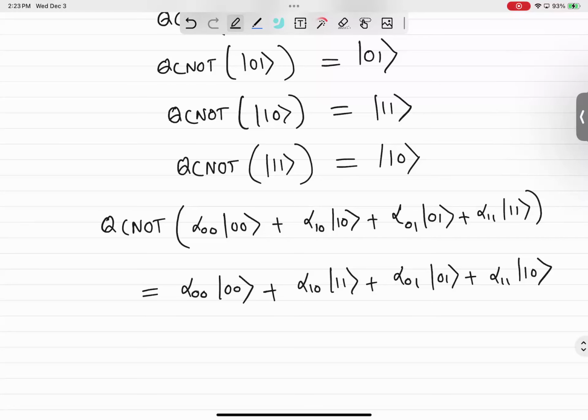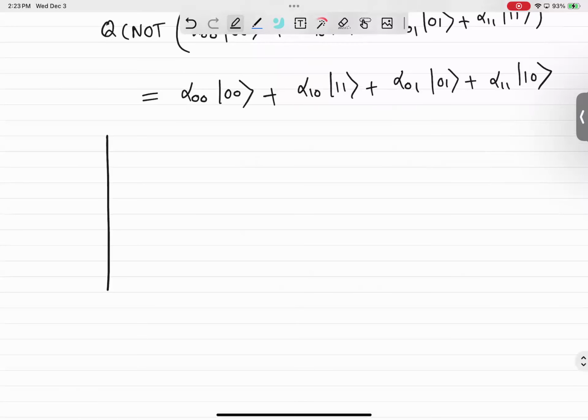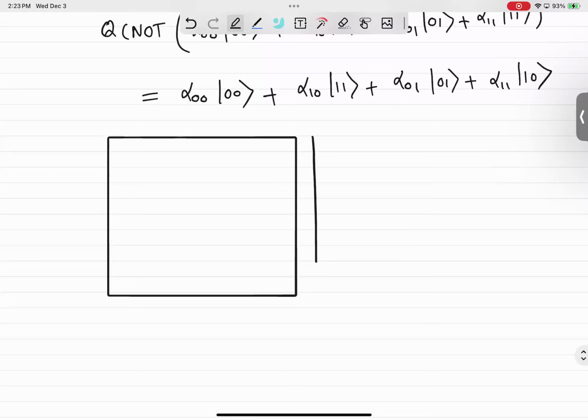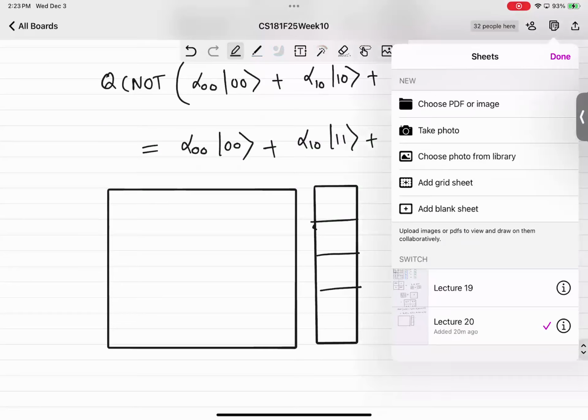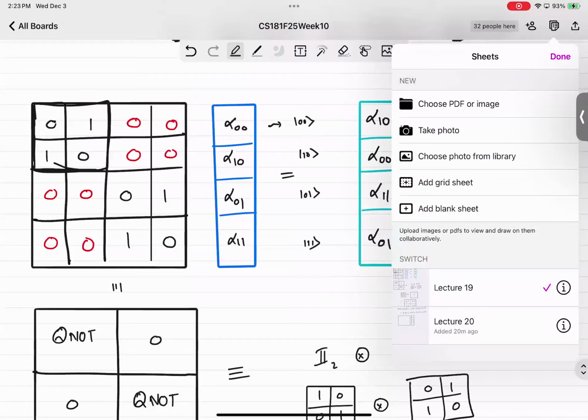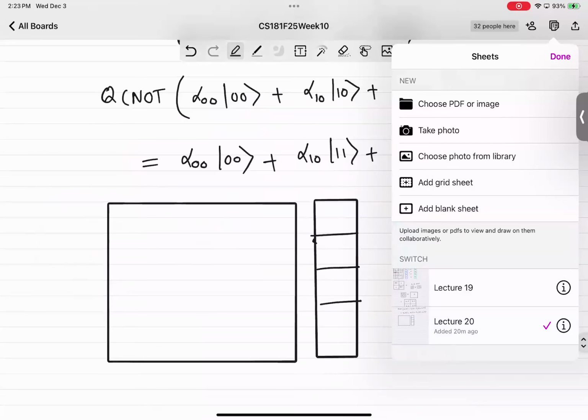And just as before, we can once again write down a matrix for it. We did something similar last time. So we wrote down the input, output, and then tried to figure out what the matrix was. So we can do that again here.